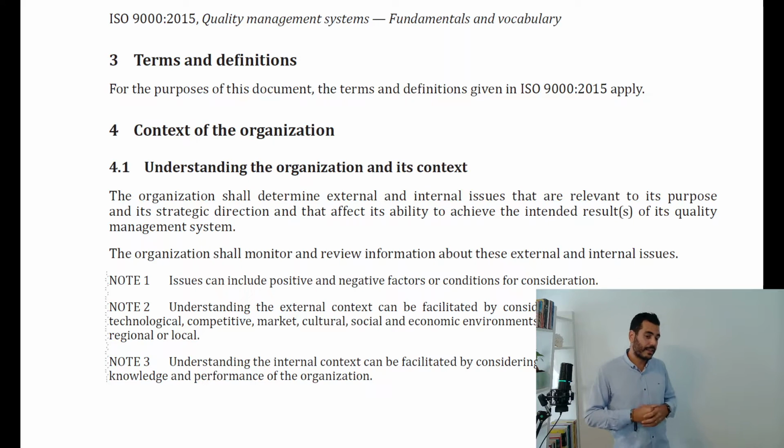So here the standard is asking us to consider negative or positive internal and external issues, factors that could have an impact on our organization. And the standard is telling us that the organization shall monitor and review information about these external and internal issues.